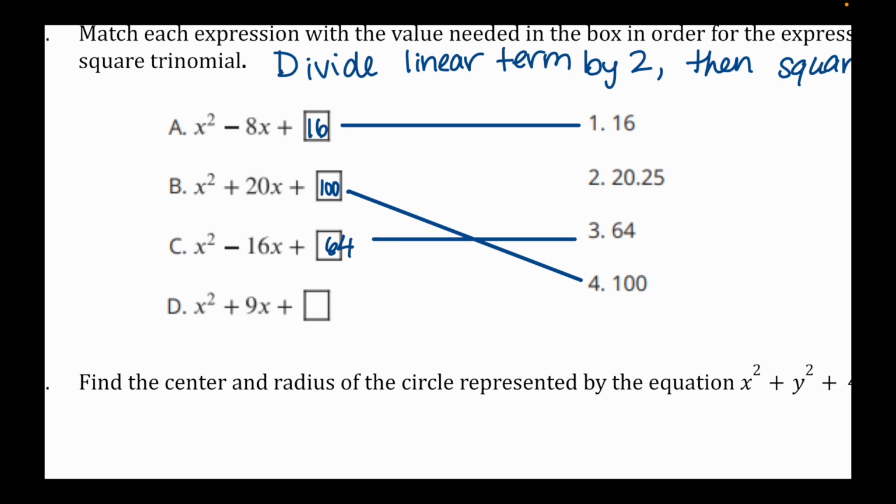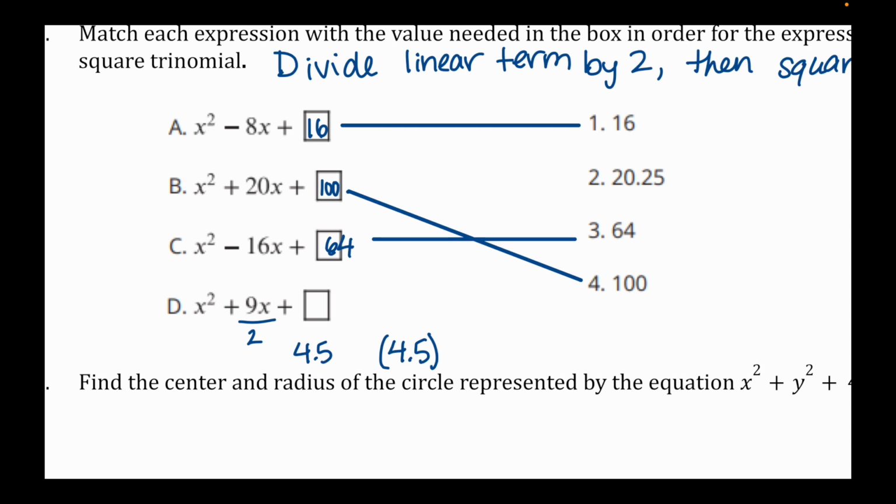That means this very last one should be 20.25, but let's see if that works out. We may have to do some calculator work here. We start with 9 and divide it by 2, which is 4.5, and then we square 4.5.